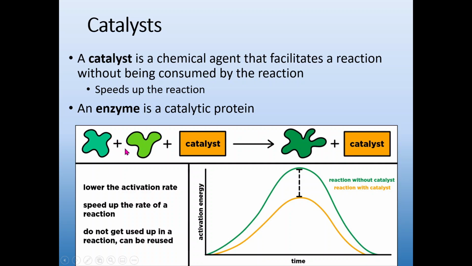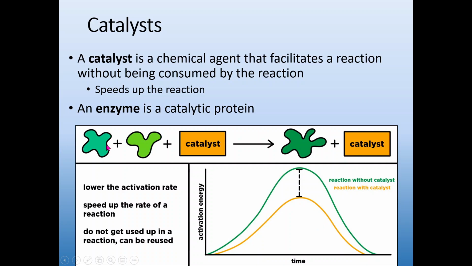So in this example, we've got two different reactants. We want to turn them into this product. In order to do so, we add this catalytic enzyme, this protein, which is not only going to facilitate and allow this to happen, but it's going to help this reaction happen with less energy.